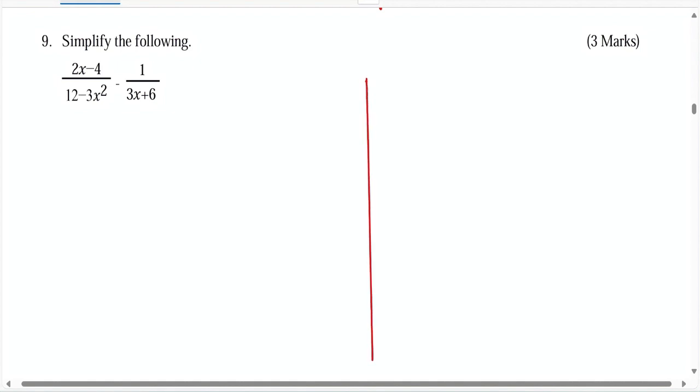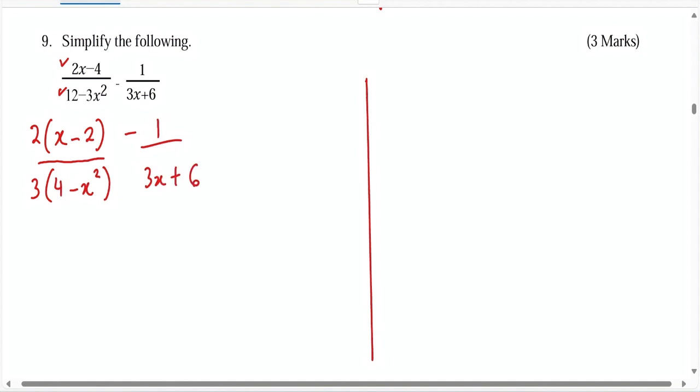So 12 minus 3x squared naweza, okay, waweza ukafactorize ya numerator, factor yake si ni 2, so utaandika x minus 2 over, nafanya hiyo mwanzo, then hiyo ingine itafuatilia, over factor ya hii pia ni 3 kama sijakosea, so utaandika 3 into bracket 4 minus x squared. Sawa? So nyingine itakuwa minus 1 over 3x plus 6.